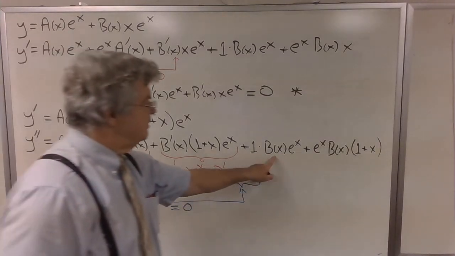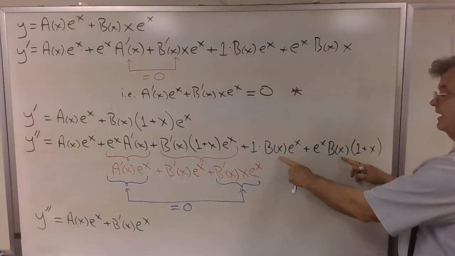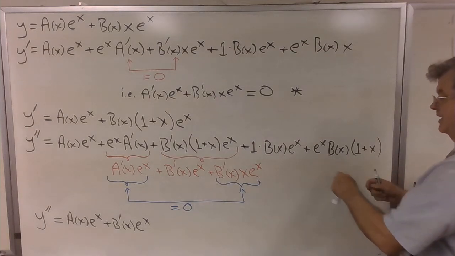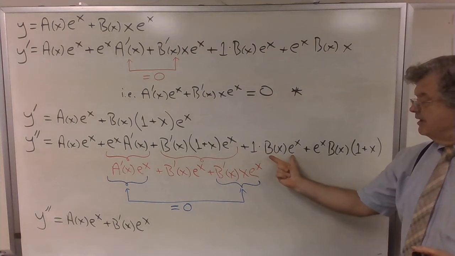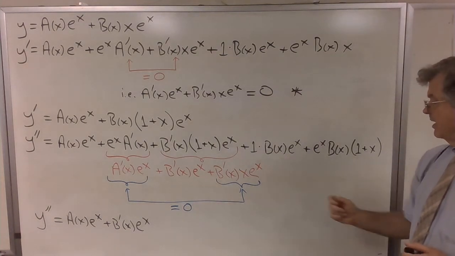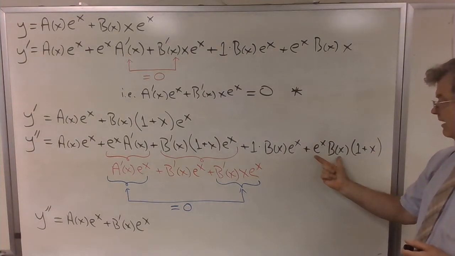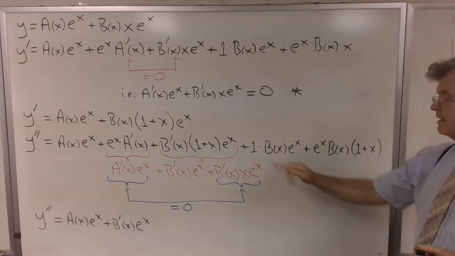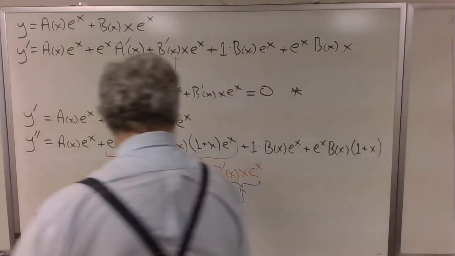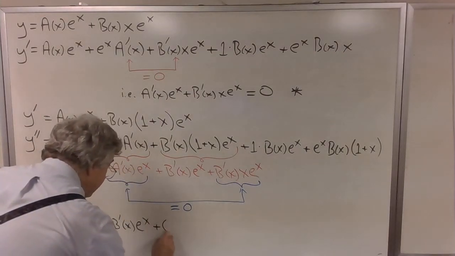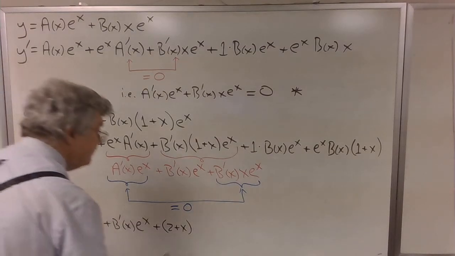And these two terms have a common factor of b of x e to the x. So this is 1 times b of x e to the x. And this is 1 plus x times b of x e to the x. So 1 plus 1 plus x is 2 plus x.